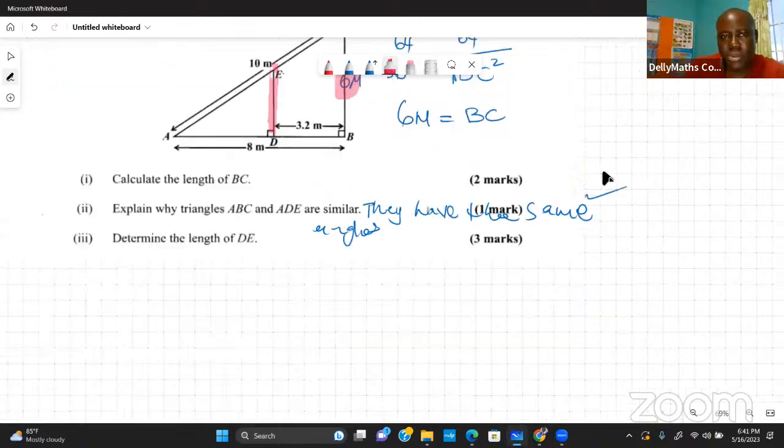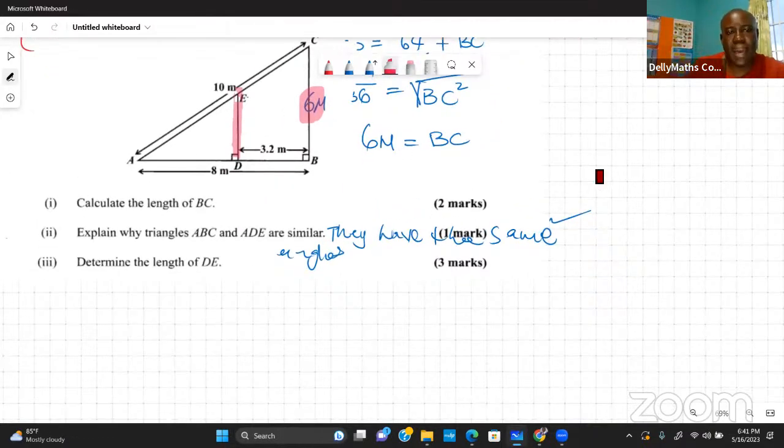Now, what else are we going to be using? We're going to be using the fact that the long side for the big triangle is 8. When I say the long side, let me not say long, I don't want to say the longest side. I'm referring to the fact that AB right there is going to be corresponding with AD. AB corresponds with AD, just as DE corresponds with BC.